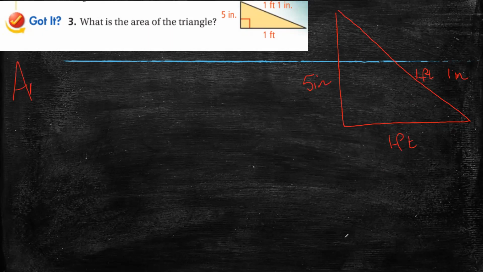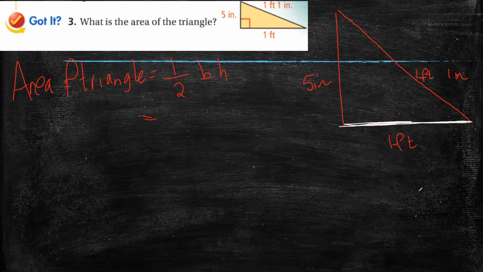Now, we say that the area of the triangle is half the base times the height. Then, after that, I will see where my base is. 1 foot. This is my base. And this is my altitude that is perpendicular on the base.